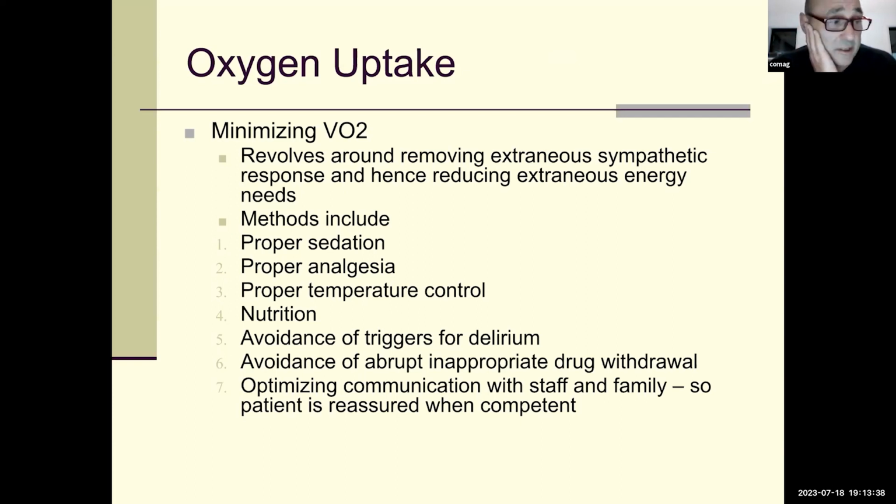Doesn't matter how you get it, ladies and gentlemen. So consequently, things like a sleep-wake cycle, things like getting people up and exercising them, etc., work. Benzodiazepines do not work. Likewise, avoidance of inappropriate drug withdrawal. So if someone's normally on narcotics, we keep them on their narcotics. That is important. Next slide.